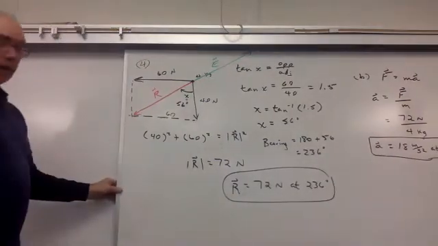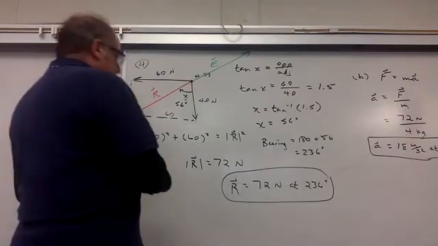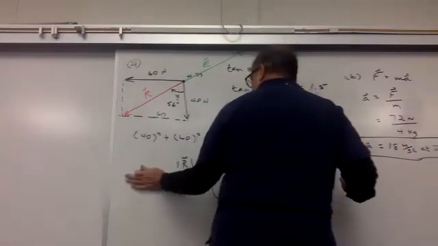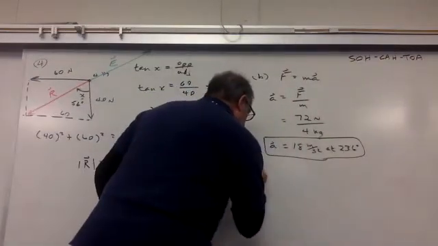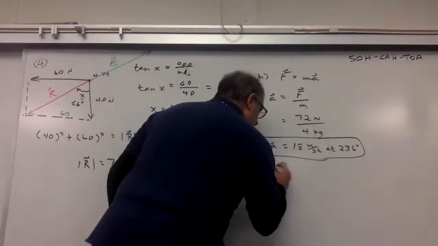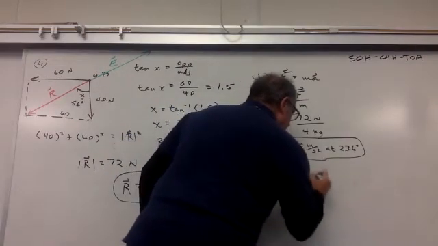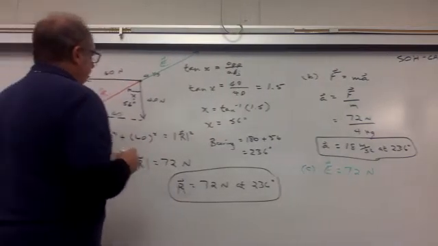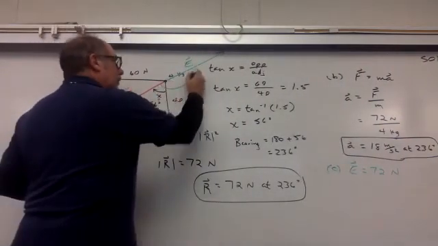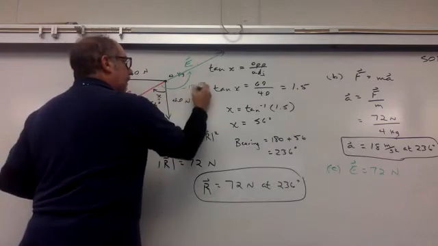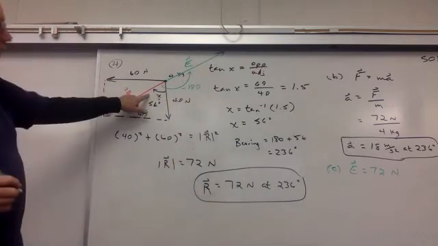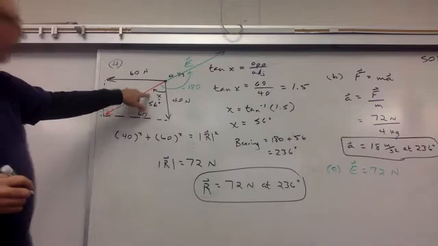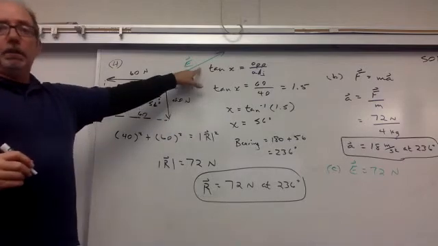So for part C, it's going to be the same number of newtons, 72, in the opposite direction. I'm going to take the direction of R and subtract 180.